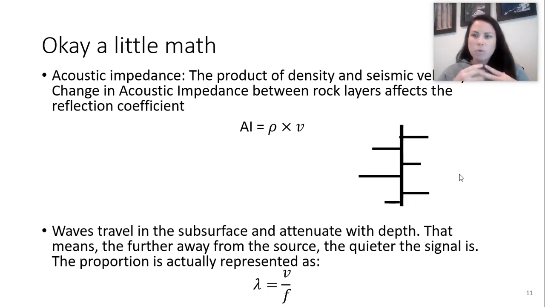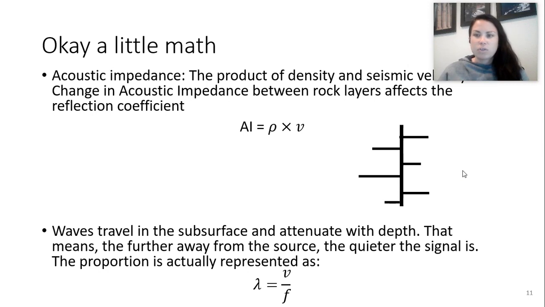And that's because sound waves get attenuated. That means that they don't travel as far. And the same happens in the subsurface: we have attenuation with depth. And as these waves encounter things in the subsurface, they get attenuated. They don't travel as far.